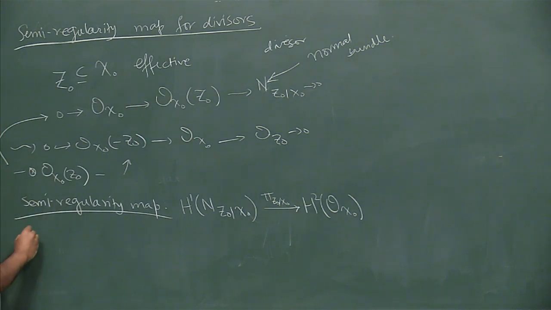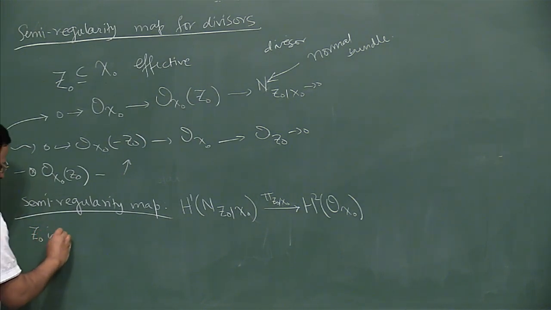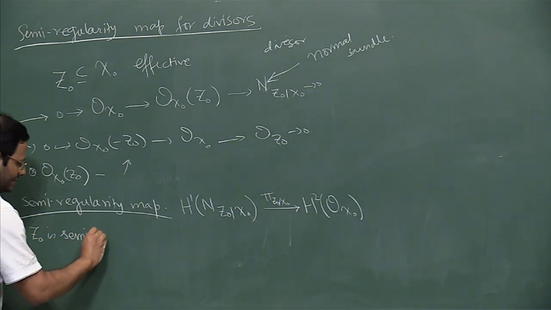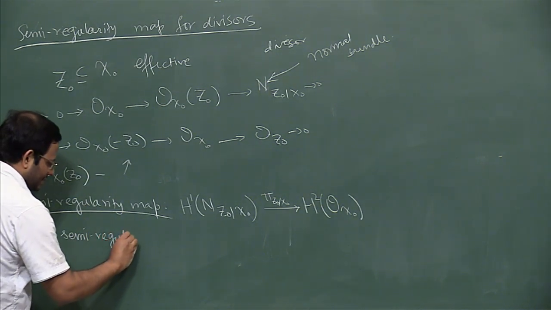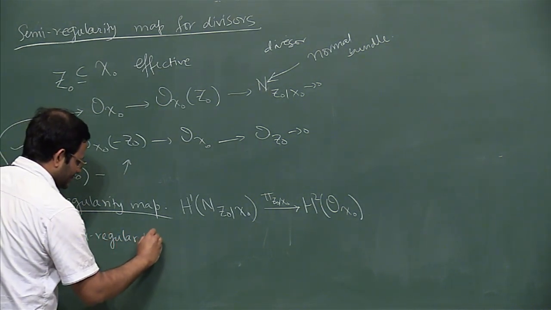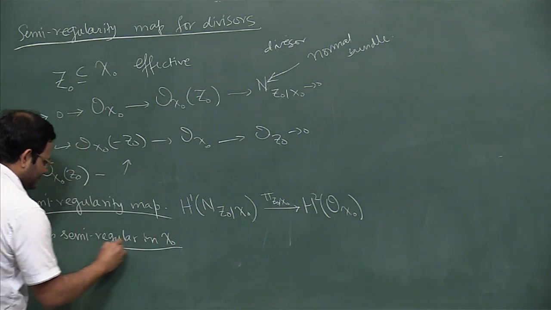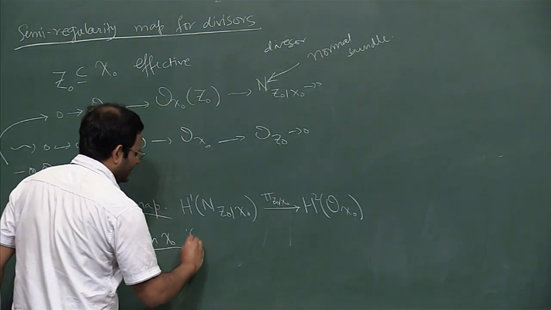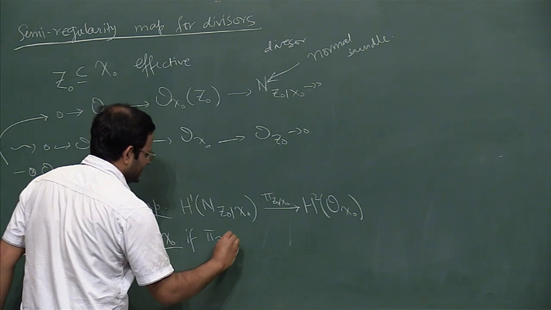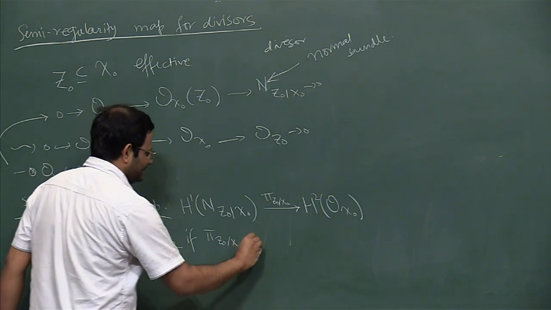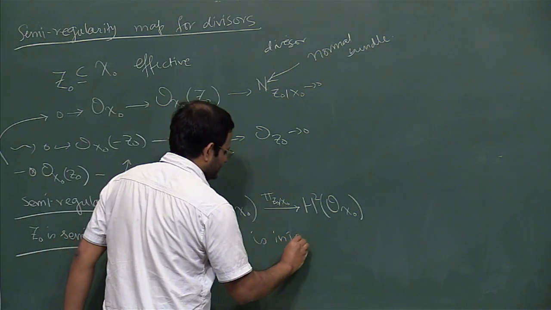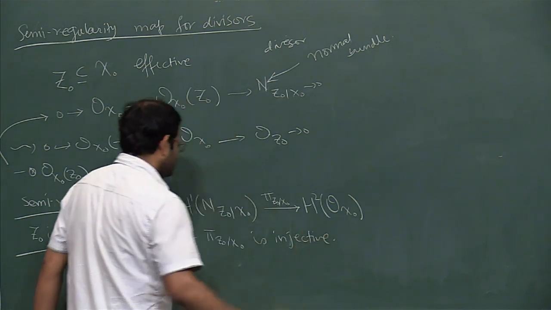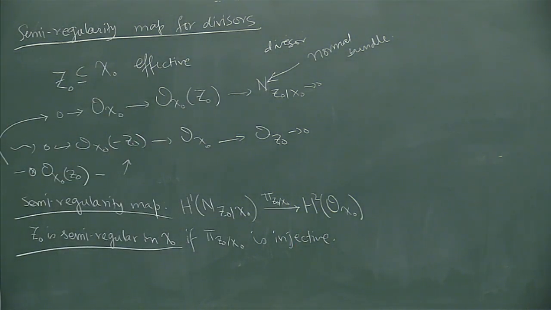And we say that Z0 is semi-regular in X0 if the semi-regularity map is injective. Okay, so that is the divisor case.